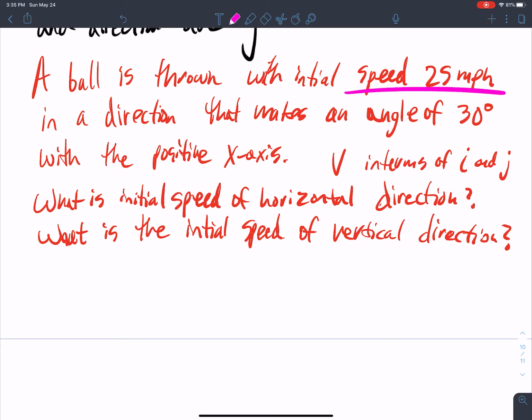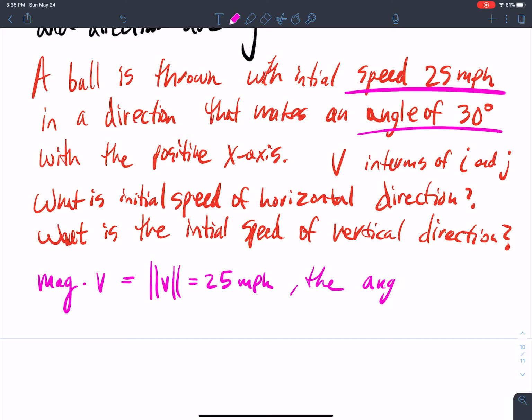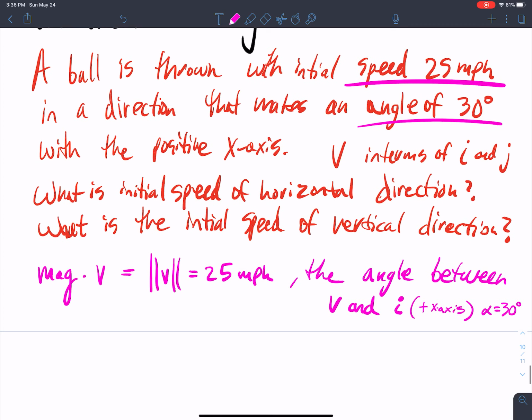Okay? So the magnitude of v is equal to 25 miles per hour. And the angle is 30 degrees. So the angle between v and the horizontal i, okay, the positive x-axis, is alpha equal to 30 degrees.